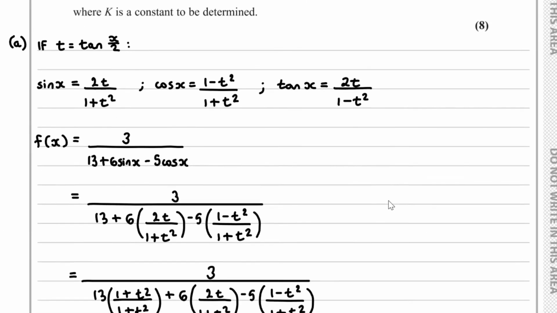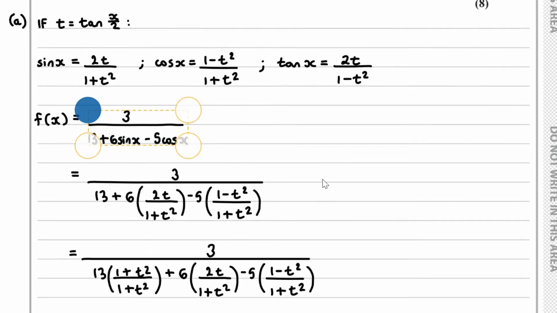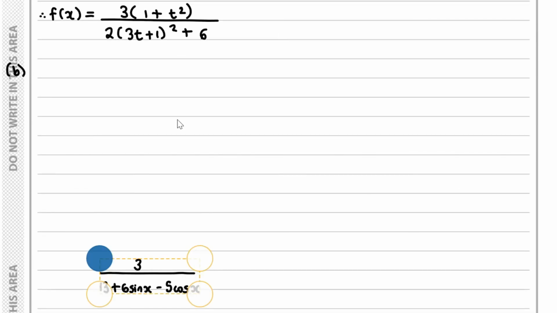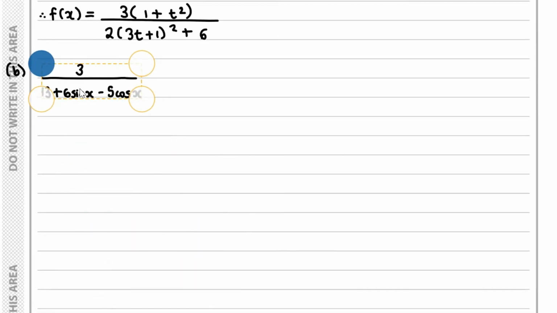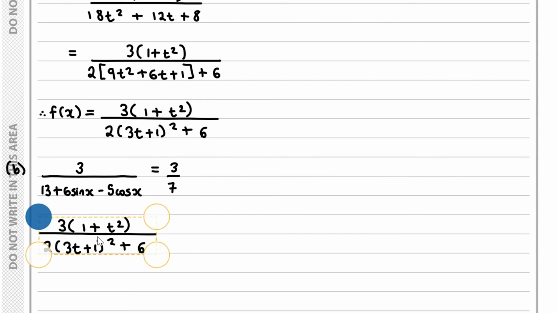We have f of x, which is this over here, and what we're doing is solving this equation equal to 3 over 7. And if we use what we found in part A, then here we've got f of x, which we re-expressed with the t formulae. Of course, this will equal 3 over 7.